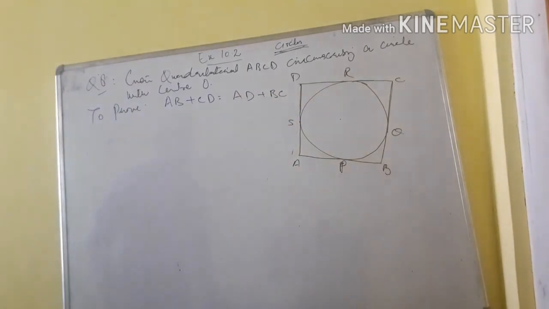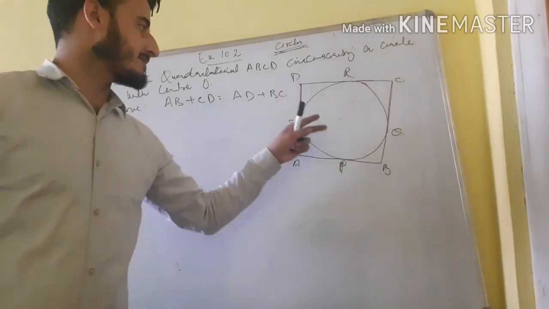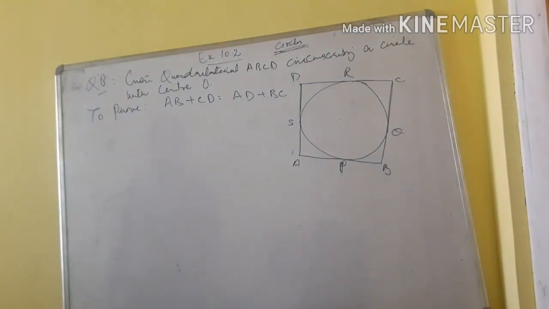We need to prove AB plus this side is equal to this side plus this side. Okay? Proof.